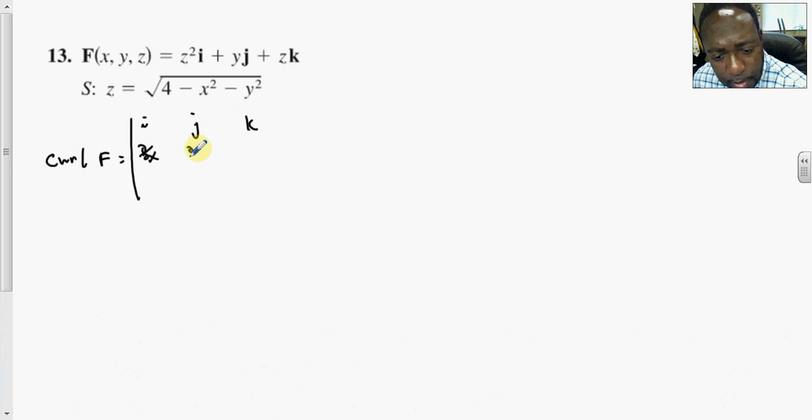Partial with respect to x, partial with respect to y, partial with respect to z. Here this is z squared, y, and then z.